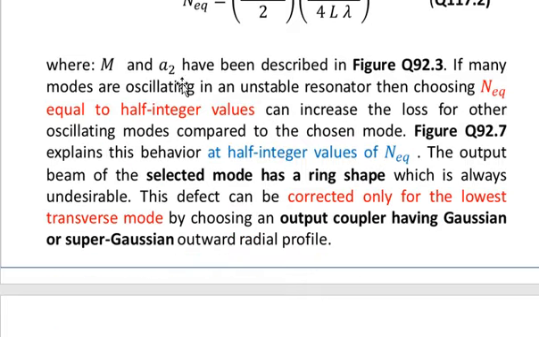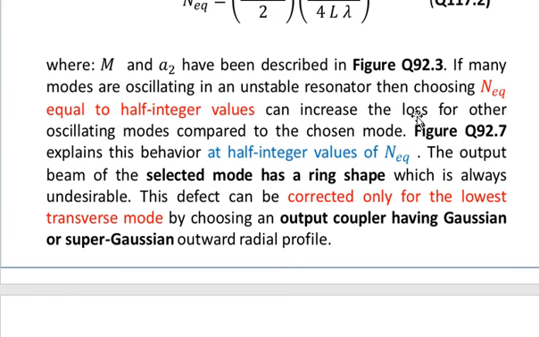Where capital M and a2 have been described in figure 92.3, that is in figure number 3 of slide number 92. If many modes are oscillating in an unstable resonator, then choosing the equivalent Fresnel number equal to half integer values can increase the loss for other oscillating modes compared to the chosen mode.